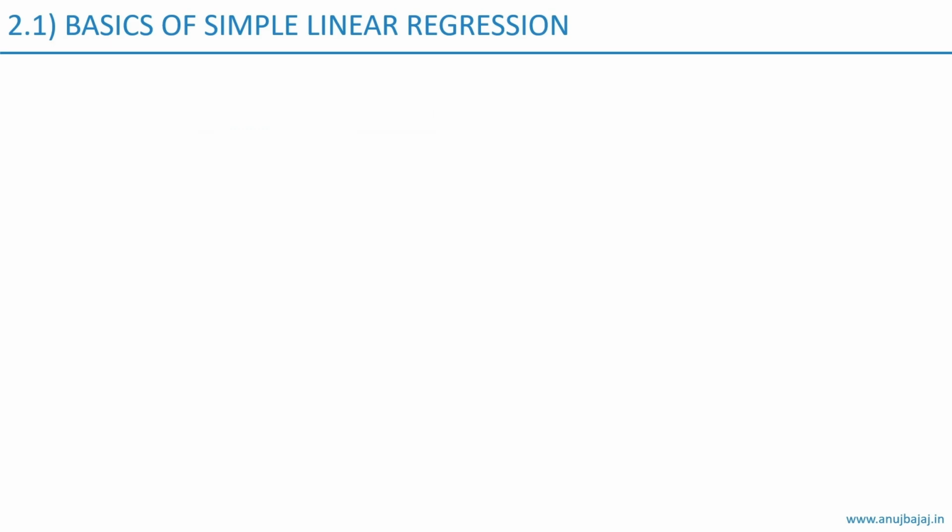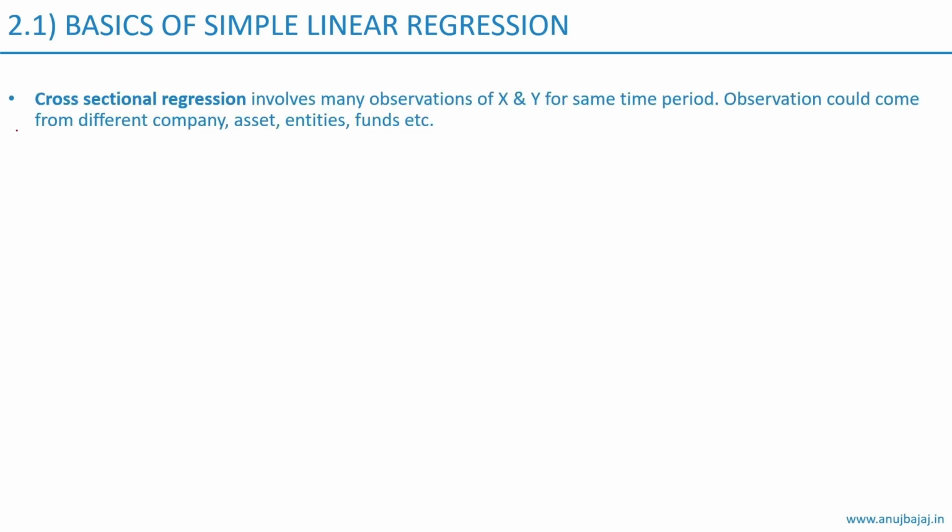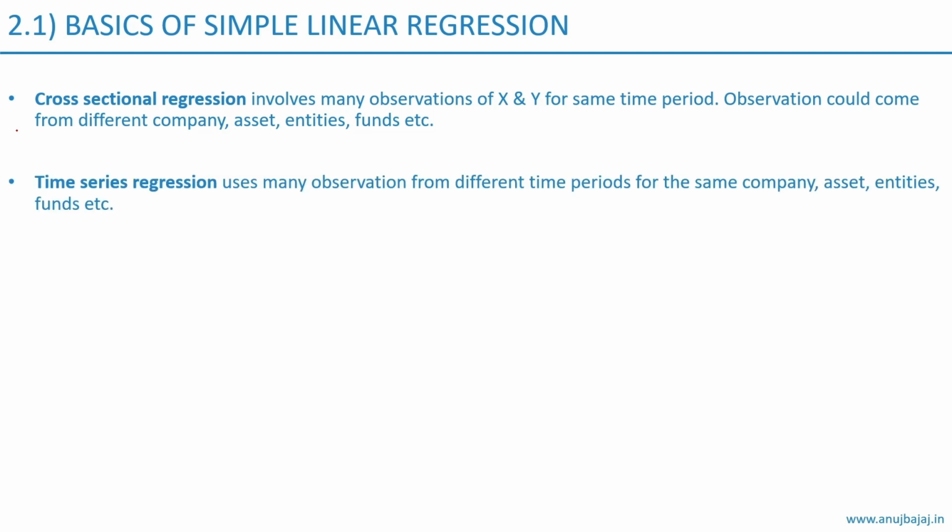We have two types of regression. One is the cross-sectional regression and another one is the time series regression. An example of cross-sectional regression could be, suppose I collect the earnings per share data of various companies, say company A, B, C, D and so on. This EPS data is for the past 1 year.